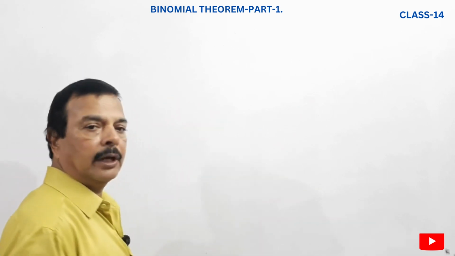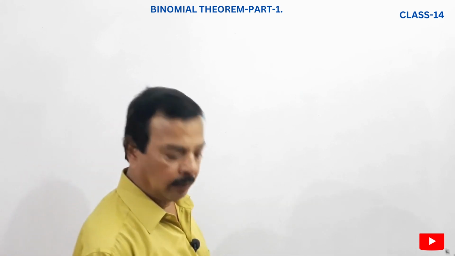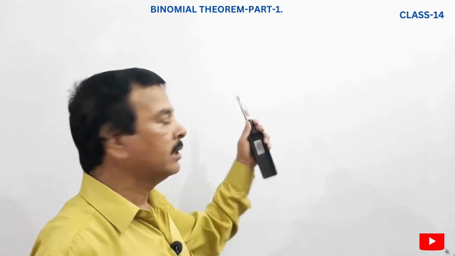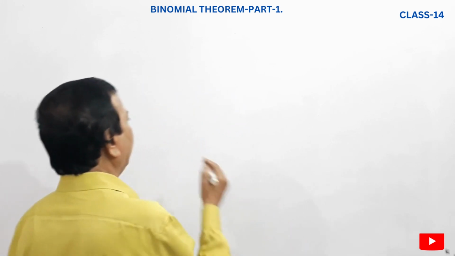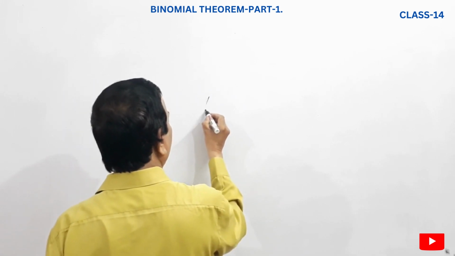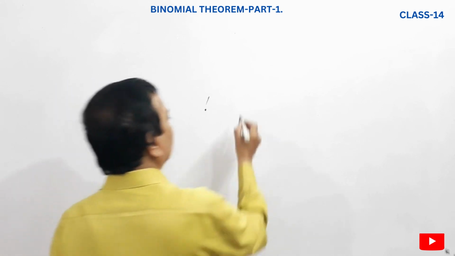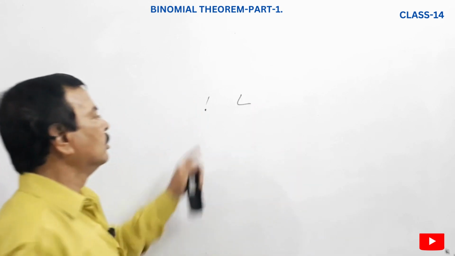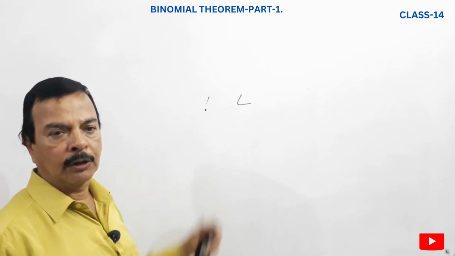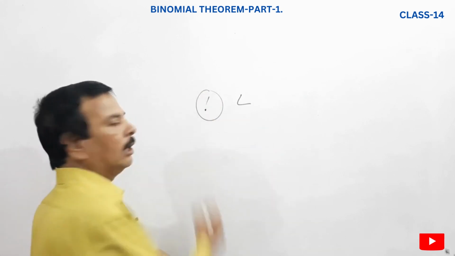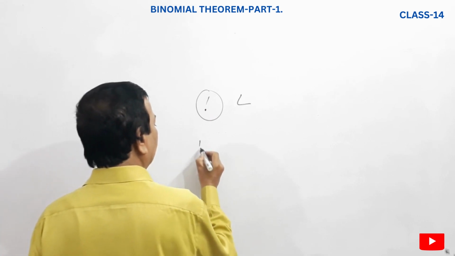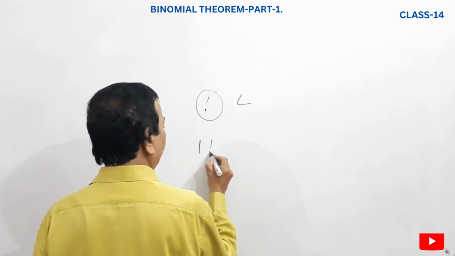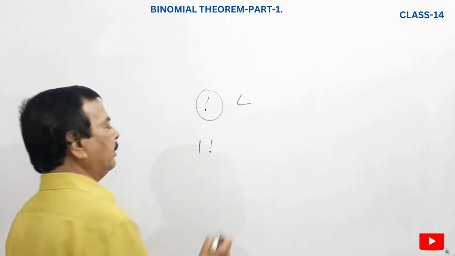The next thing is, I want to tell you something about factorials, because that is important here. You should know what factorials are. Factorials can be denoted in two ways. These are notations we can use, one among two, but I am comfortable with this one. For example, 1 factorial. What does it mean?